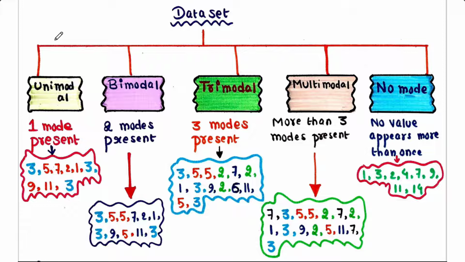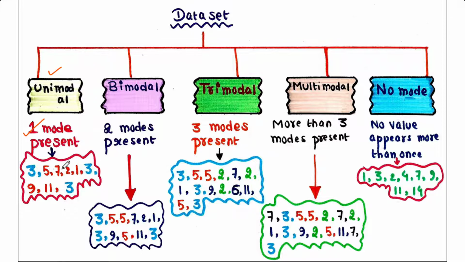When one mode is present in the data set, the set is called unimodal. For example, we have this data set. Here the mode is 3, and this is a unimodal data set since only one mode, 3, is present.